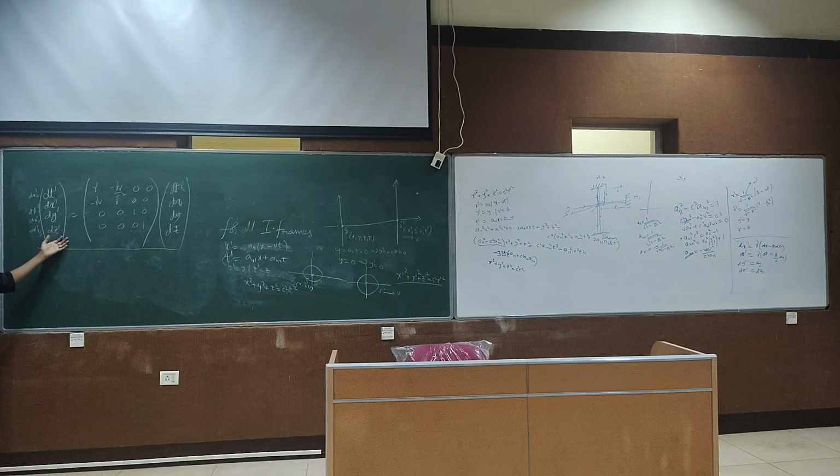So I call this a 4 vector. I denote each component with an index called mu, where mu runs from 0 to 3. Get it? So 0, 1, 2, 3.